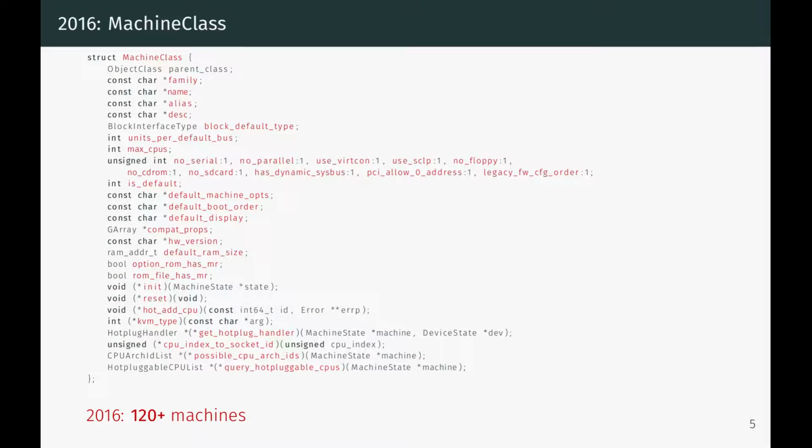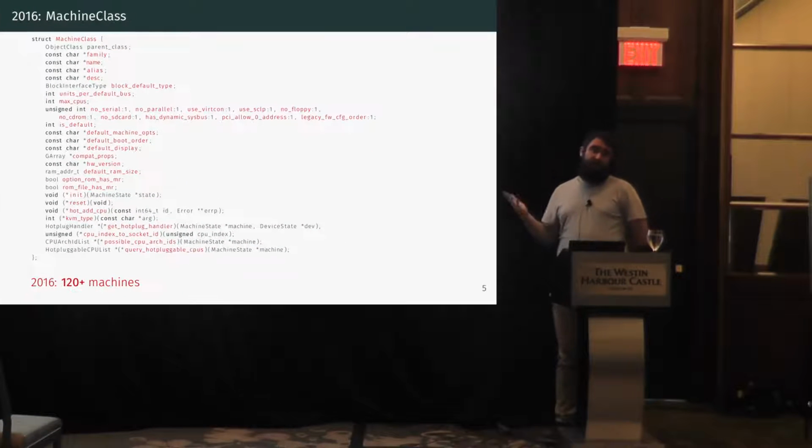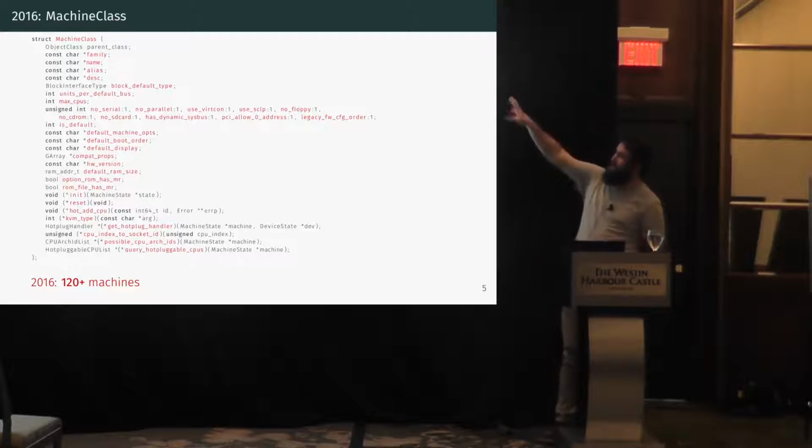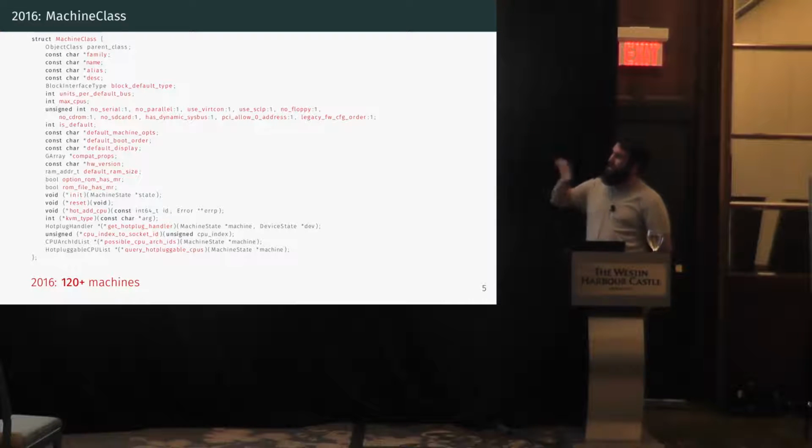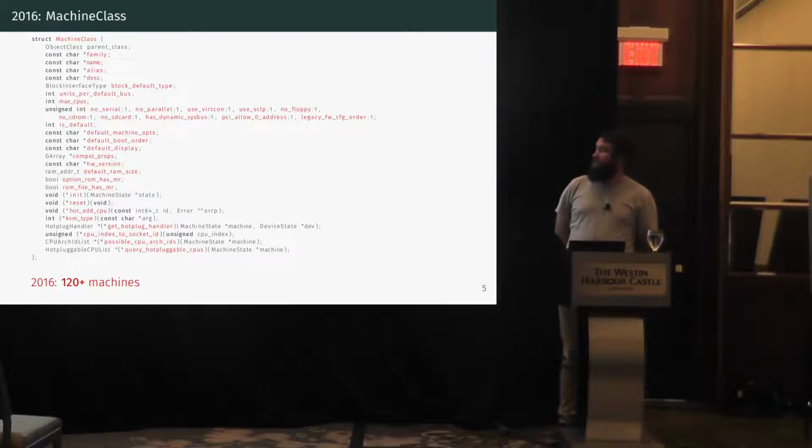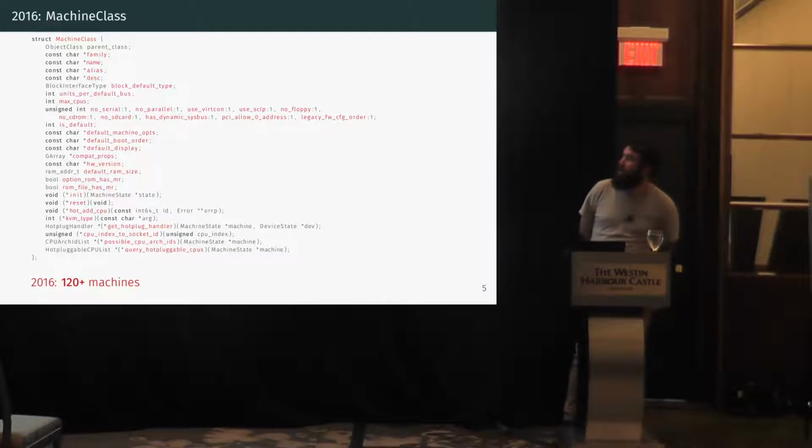Today, this is how it looks. Since that time, lots of different things have happened. Don't worry about understanding everything that's there, it's just to compare the status today. Basically, the machines were converted to be QOM classes, to use the QOM object model.